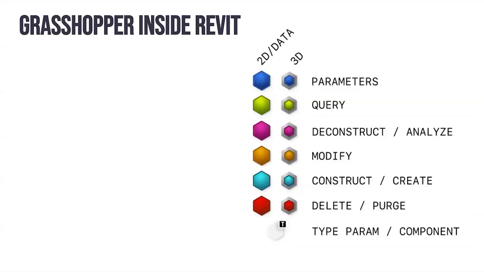All right. And once you're in Grasshopper, there are Revit-aware component icons that help identify the action that the component performs. As shown in this little diagram, the base color shows the type of action. For example, lime green for query, pink for deconstructing and analyzing, orange for modifications, turquoise for constructing and creating, red for deleting, and blue for parameters.